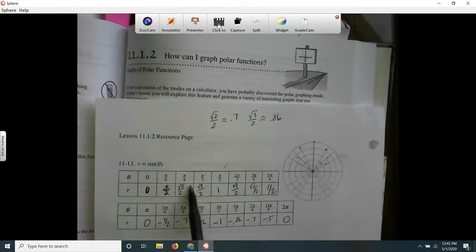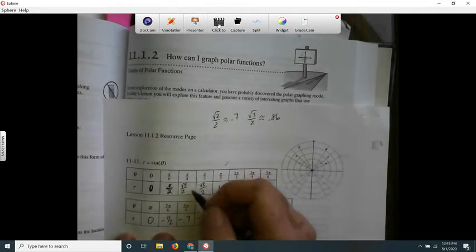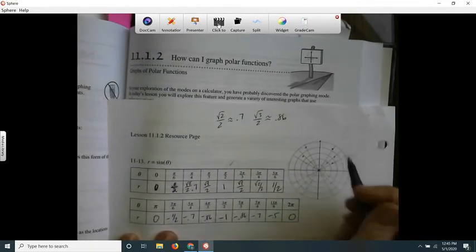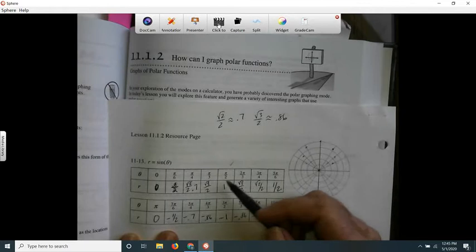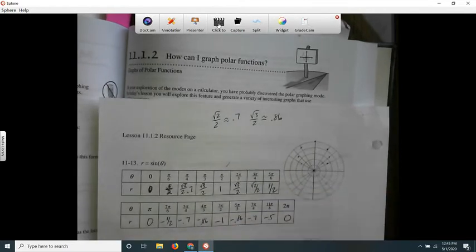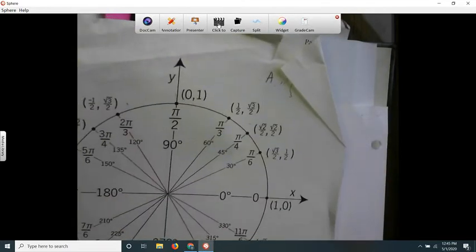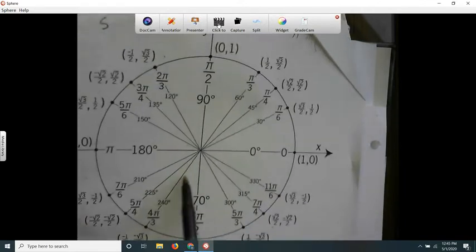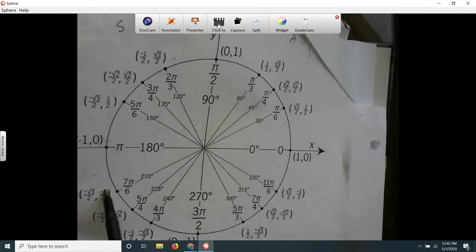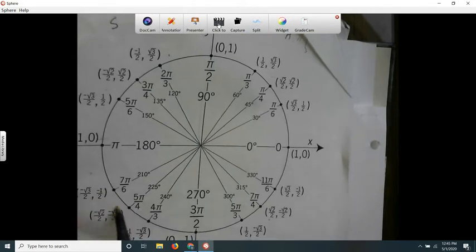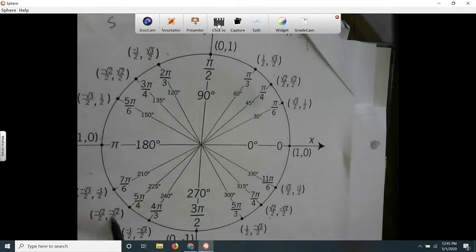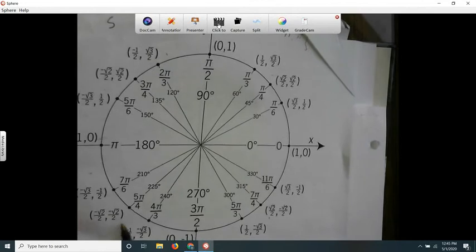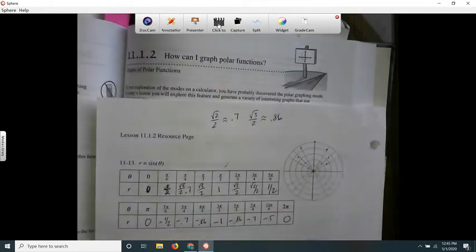I started writing them as decimals, though, because root 2 over 2 is about 0.7, and that makes more sense with my graphing. So I just went all around the whole unit circle, followed whatever angle measure, and I'm grabbing the sine. Like sine of 5 pi over 4 would be negative root 2 over 2, which is actually negative 0.7-ish.